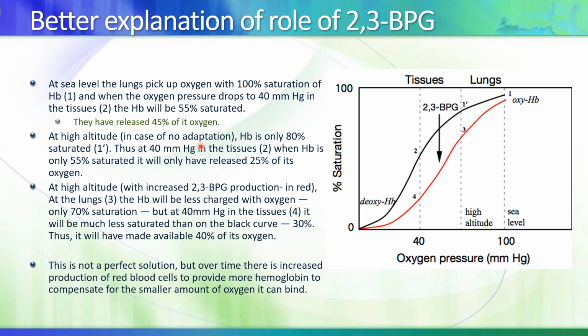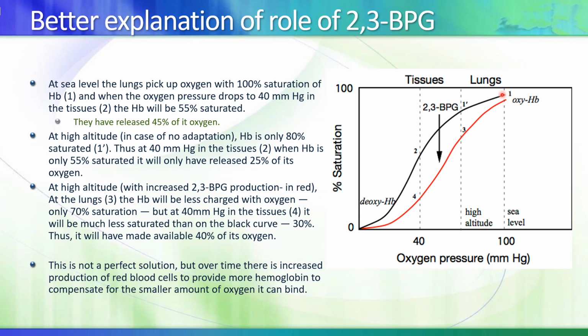Now, the effect of 2,3-bisphosphoglycerate in releasing oxygen when a person is at high altitudes can be explained a little better in this slide right here. So let's say that at sea level, about 100% of hemoglobin molecules are saturated with oxygen.